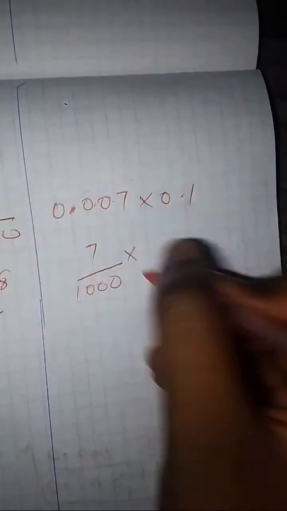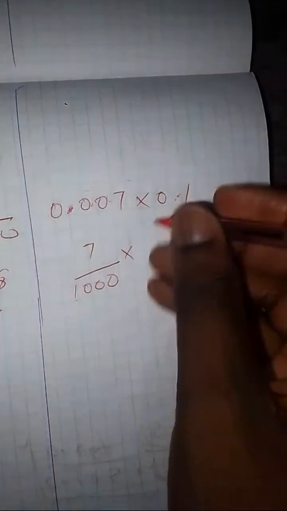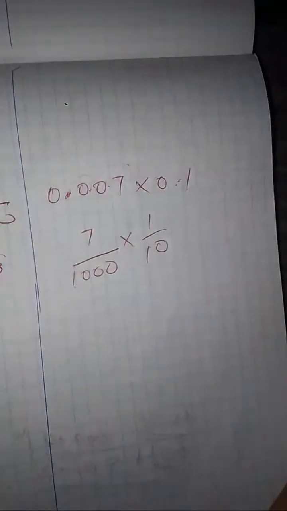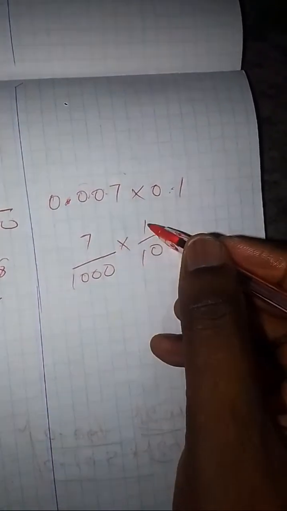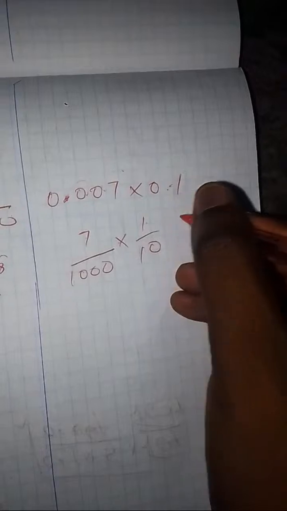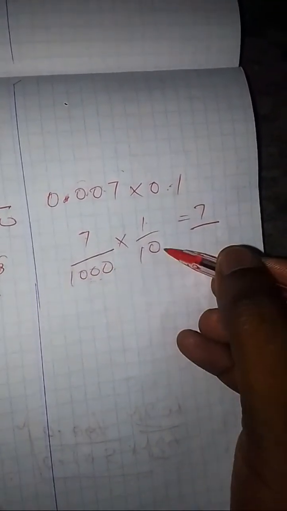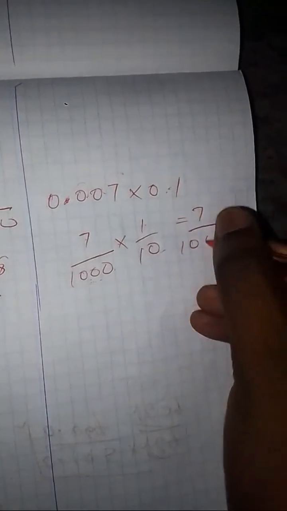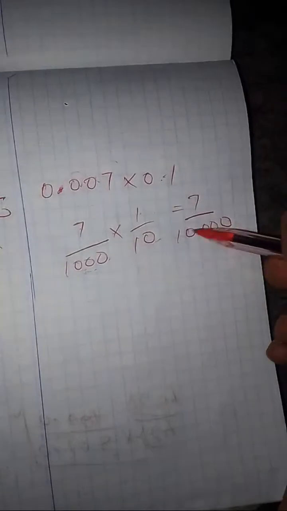1000 multiplied by, this one is how many decimal points? 1. So multiplied by 1 over 10. So you simply check: 7 multiplied by 1 is 7 over, this one is 1000 multiplied by 10, which is 10,000. So how many zeros do we have? 1, 2, 3, 4.